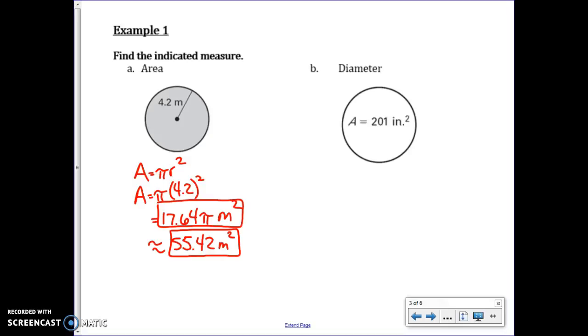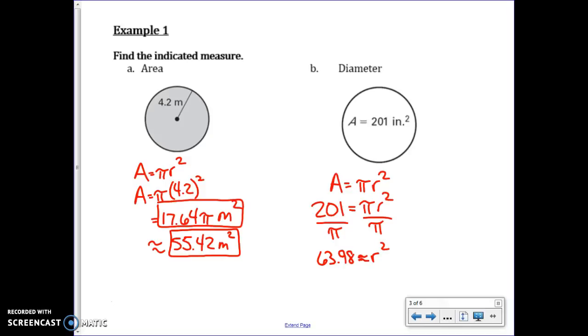All right, for this one, it's asking for the diameter and you know the area. We don't have an area formula that uses diameter, so we're still going to use pi r squared here. If I know the area is 201, I'm going to replace area with 201. I'm going to put pi r squared, and divide both sides by pi. I end up with 201 divided by pi is approximately 63.98, which is approximately radius squared.